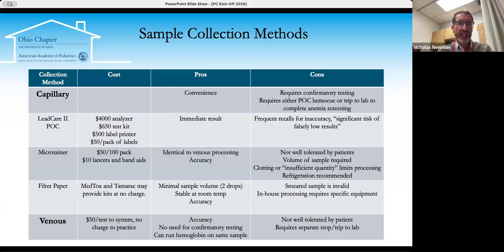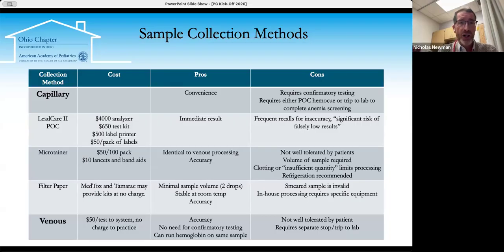There is a point of care machine. You can use microtainer tubes, either with a scooper or with a tiny capillary tube in it, or filter paper. Now, the only device right now is the LeadCare device, a point of care device.